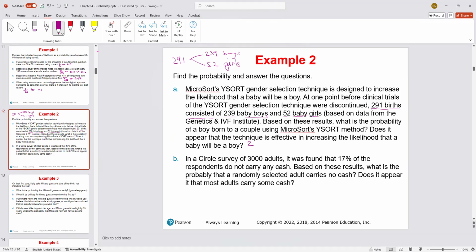Yes, you take the number of boys and you divide it by the total. That's it. Very simple. You can either express it like this, or if you do 239 divided by 291, it gives you 0.821. Now, what they ask you next: does it appear that the technique is effective in increasing the likelihood that a baby will be a boy? 82% of the time, it's a boy.